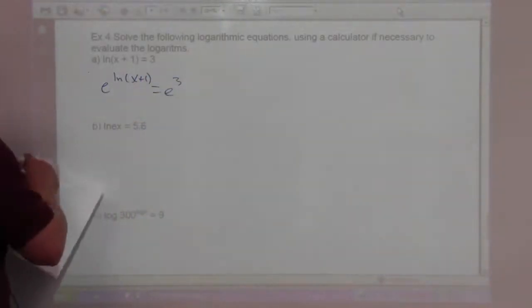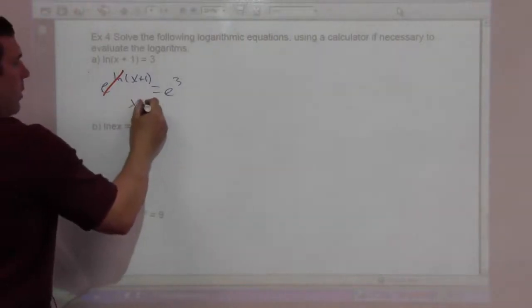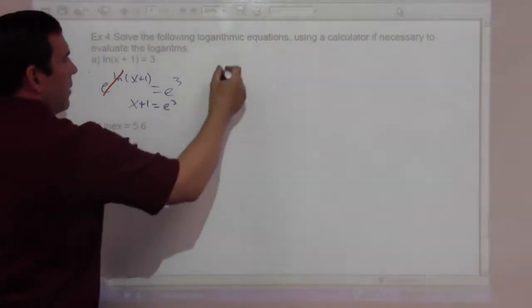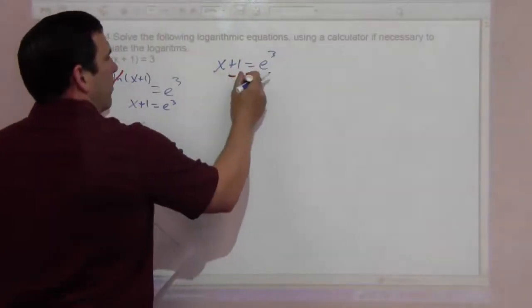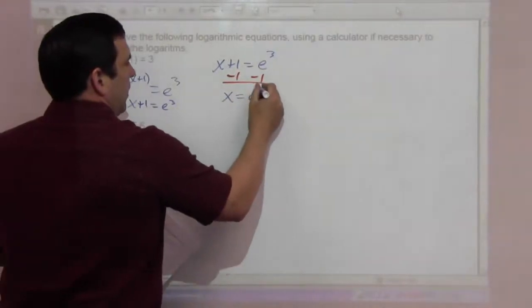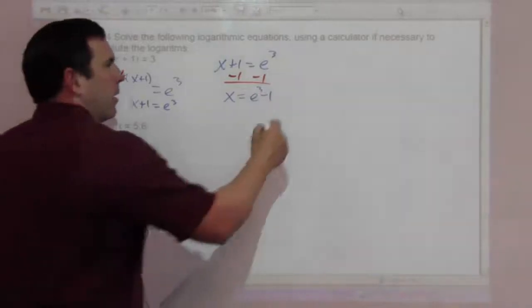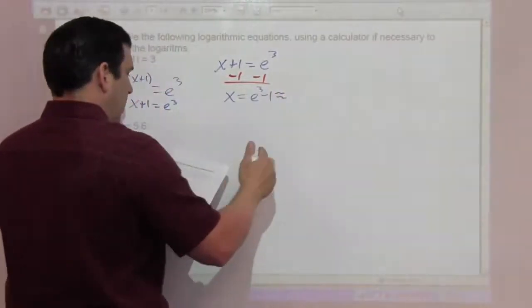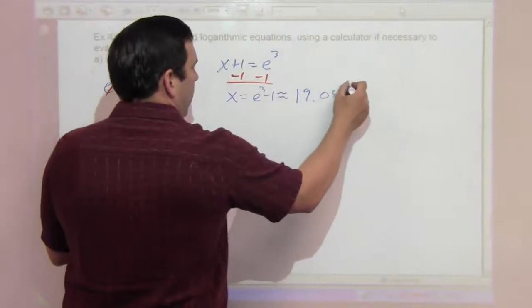By doing this, e and the natural log cancel out, and that gives us x plus 1 equals e to the 3. Subtracting 1 from both sides, x equals e to the 3 minus 1. That's the exact value. The decimal approximation would be 19.0855.